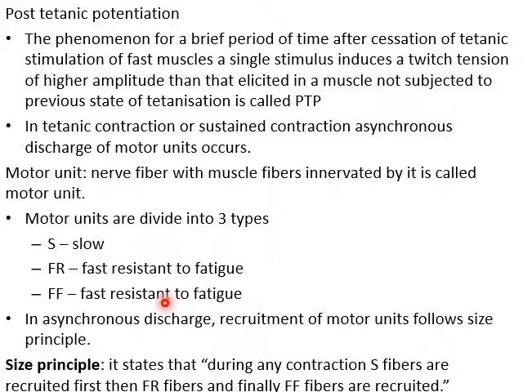But as a whole, the muscle is showing sustained contraction. So how is this recruitment of motor units done? For the recruitment of motor units of a muscle, they follow a size principle, which states that during any contraction, the S fibers are recruited first, then FR fibers are recruited, and finally FF fibers are recruited.